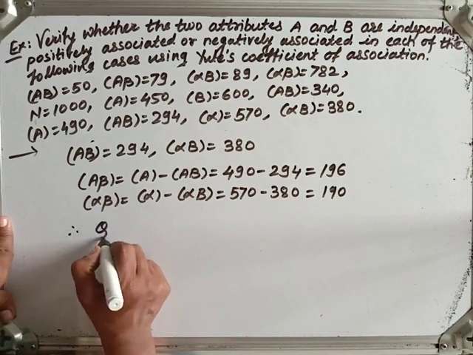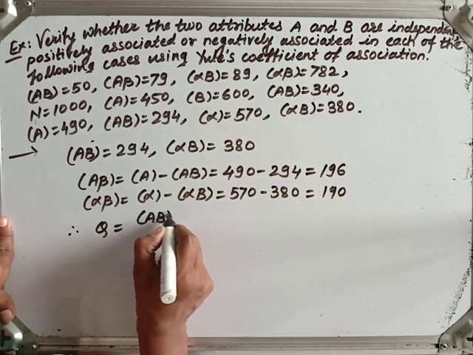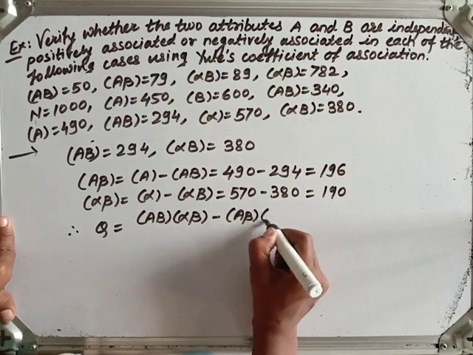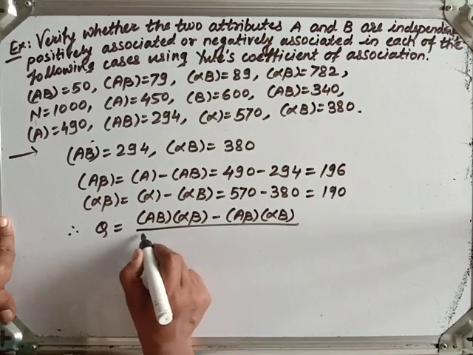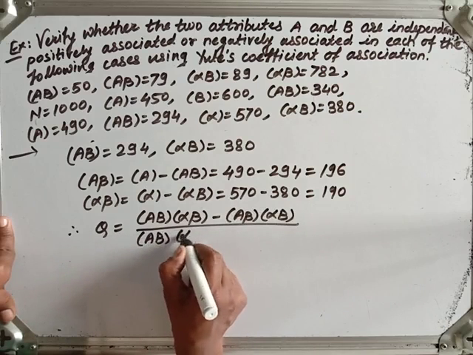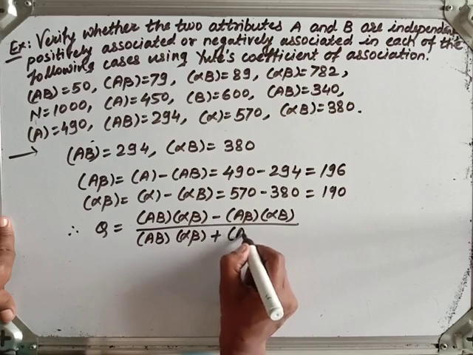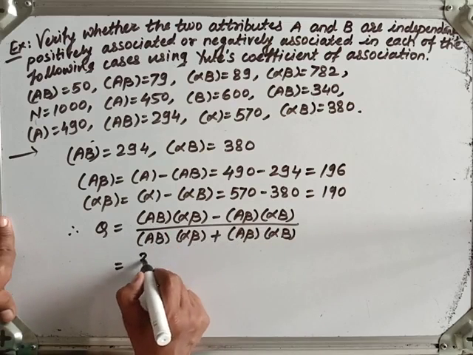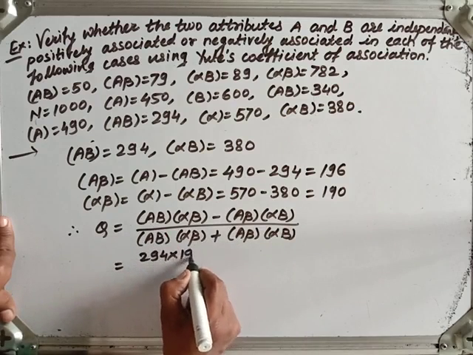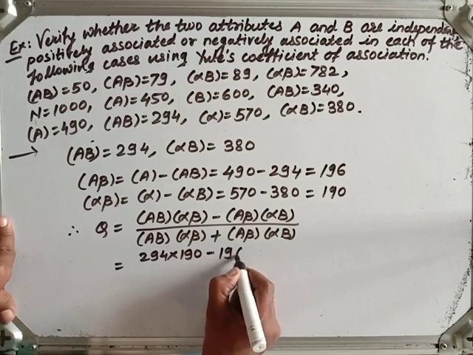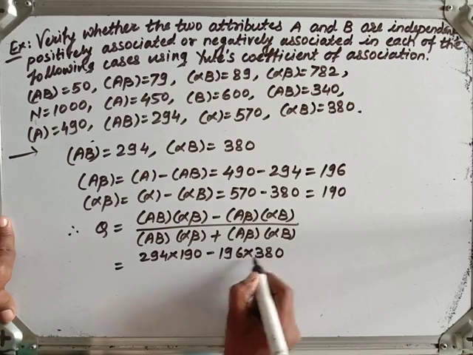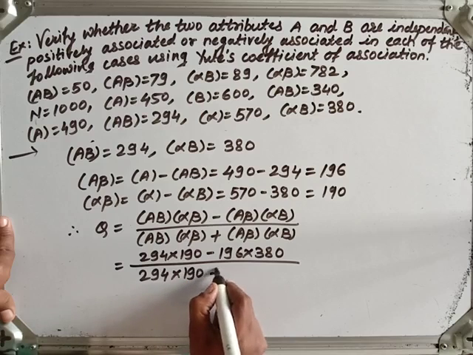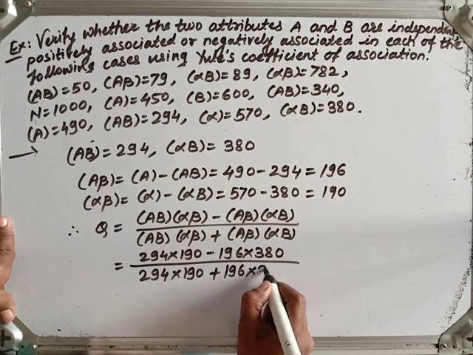So, find out Q here. Q is what? Same result here: AB into alpha beta minus A beta into alpha B, upon AB into alpha beta plus A beta into alpha B. Put the values here: 294 into 190 minus 196 into 380, upon 294 into 190 plus 196 into 380.